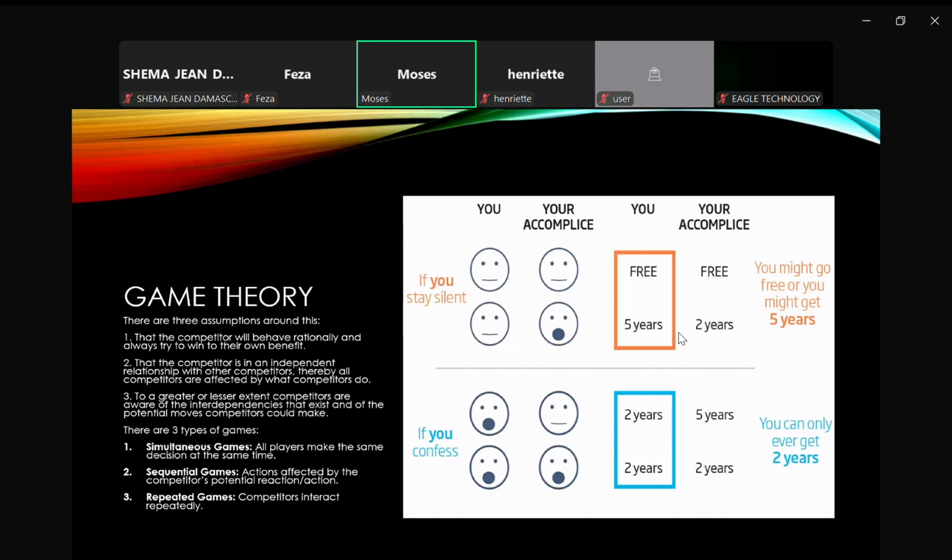So what it requires is that you must get into the head of your partner and say, okay, my accomplice, what are they likely to do or say? And then decide the best course of action based on the likely reaction of your partner.